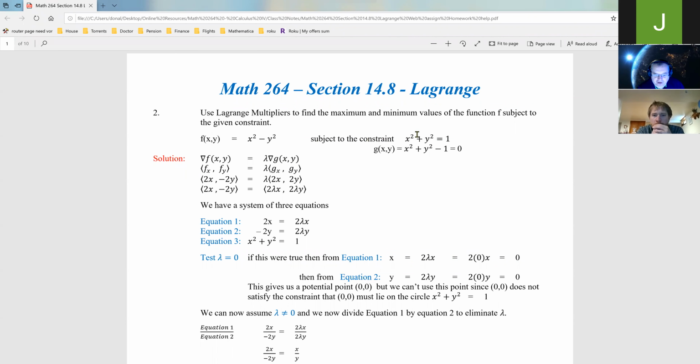And then later on you test it against the constraint. But all the other lambdas are basically stretching of the constraint function to find what the lambda would have to be for that function to touch this curve at a max or a min.